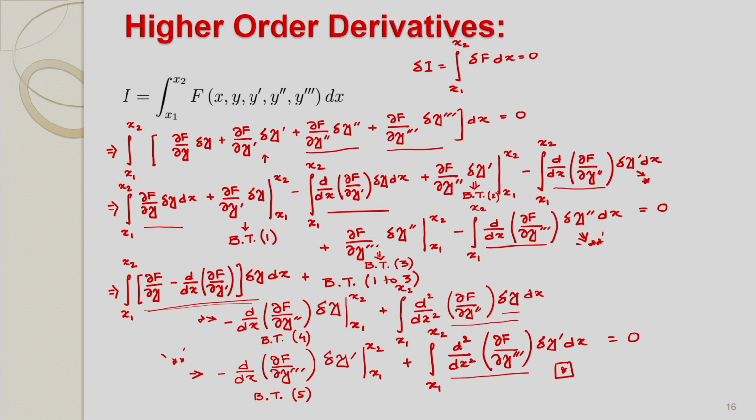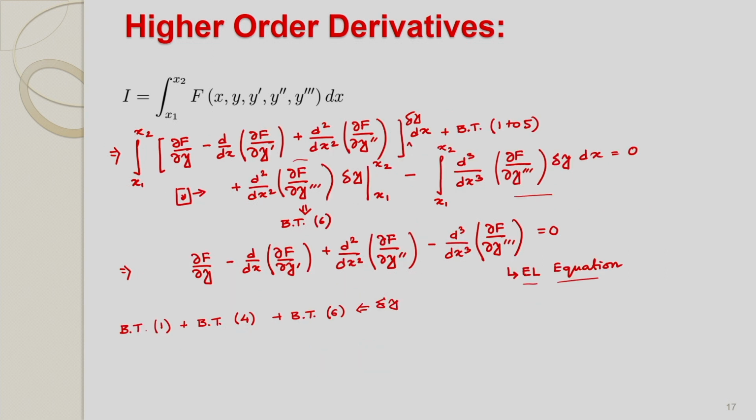So, if we write, it is del f del y prime from boundary term 1 minus d dx del f del y double prime.